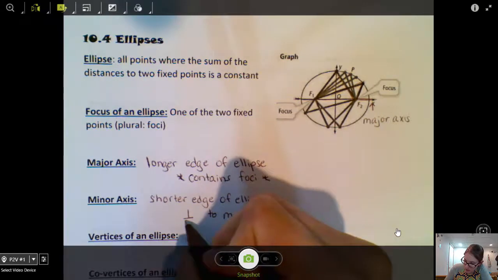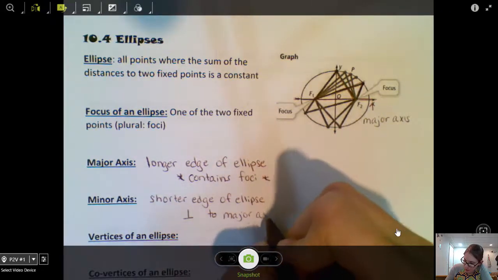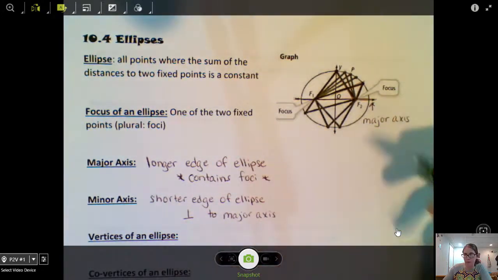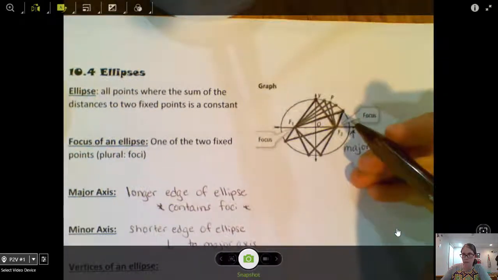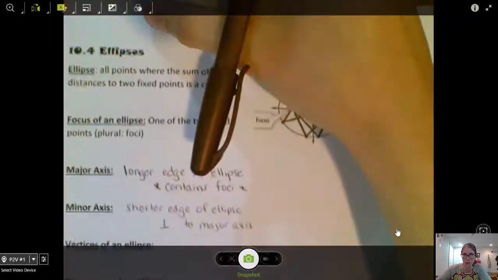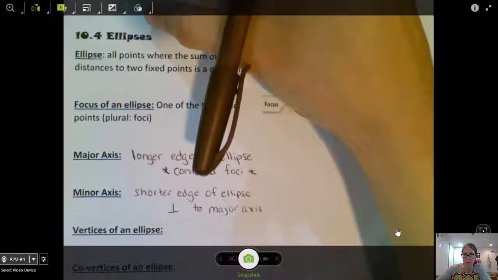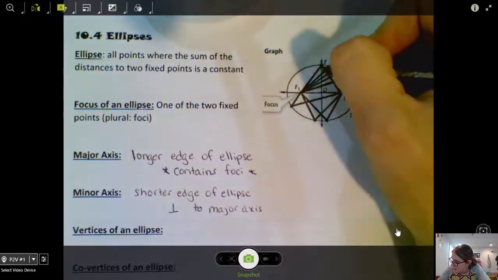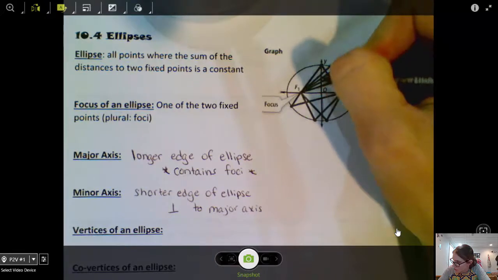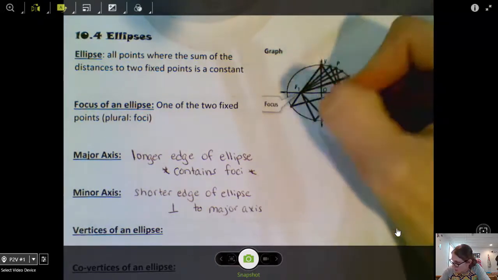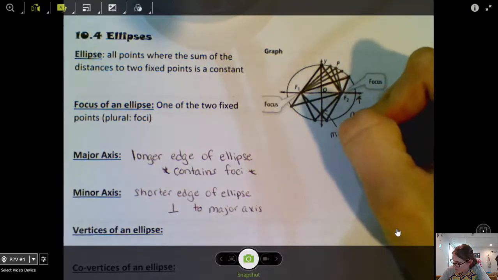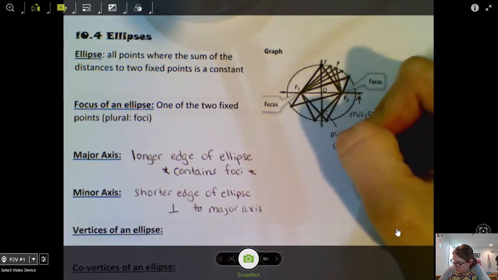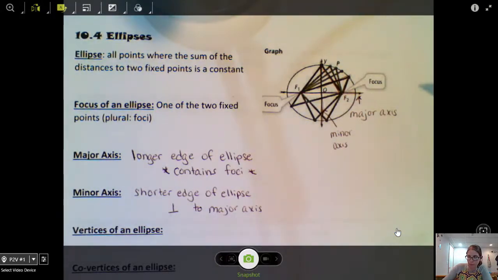Don't forget that symbol is our symbol for perpendicular. On my diagram, our major axis is this vertical. Our minor axis right there.